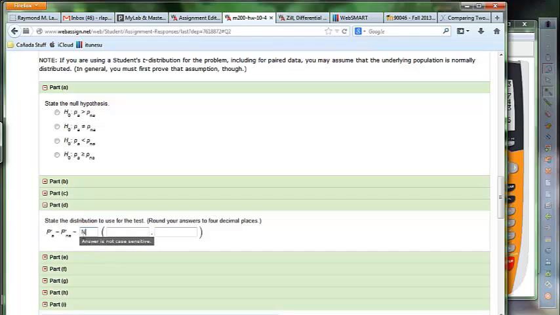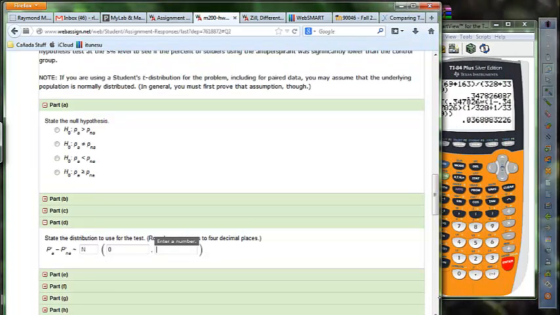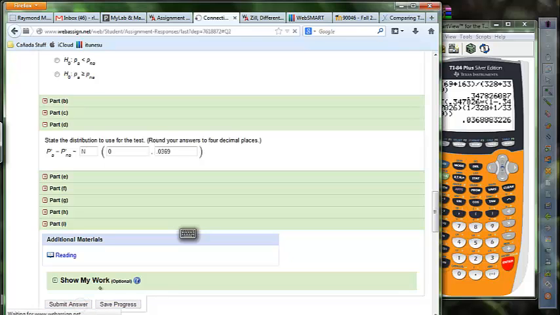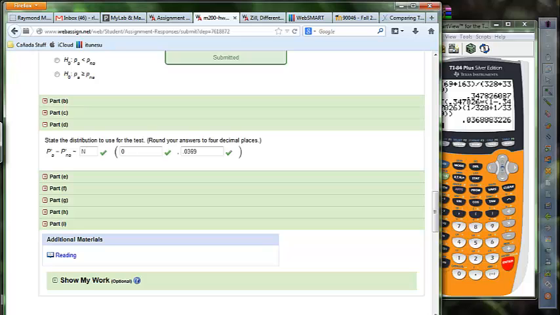So we're using the normal distribution, and we have a 0 for the mean. Our standard deviation round to 4 decimal places. They say 0.0369. Let's just check our answer for part D. So that looks like it worked out.